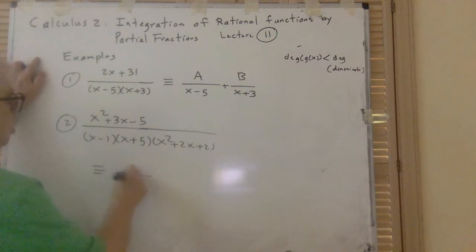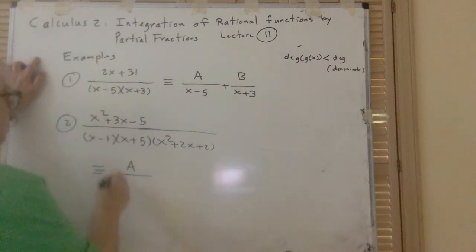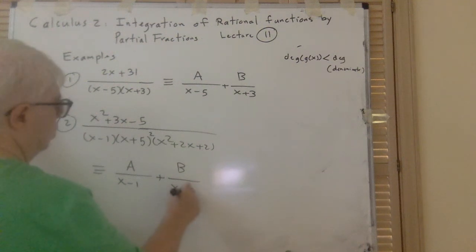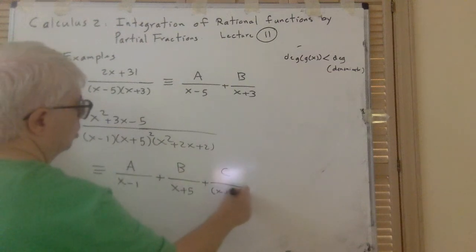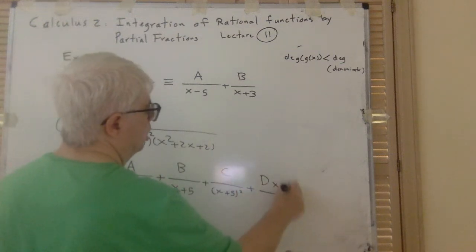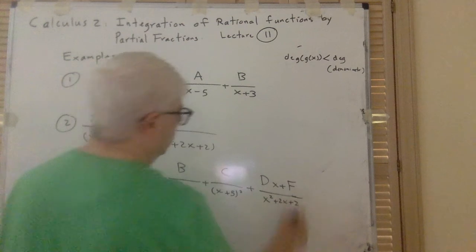So this is equivalent to saying a over (x minus 1), then b over (x plus 5), then c over (x plus 5) squared, then plus (dx plus f) over (x squared plus 2x plus 2). Okay?